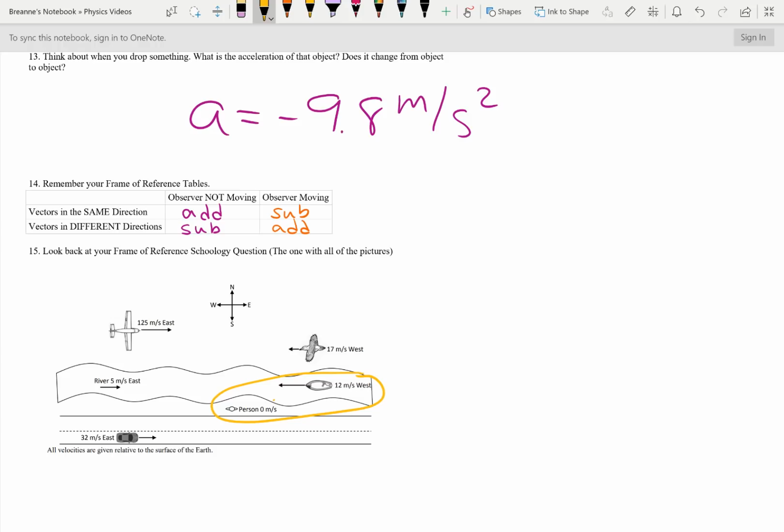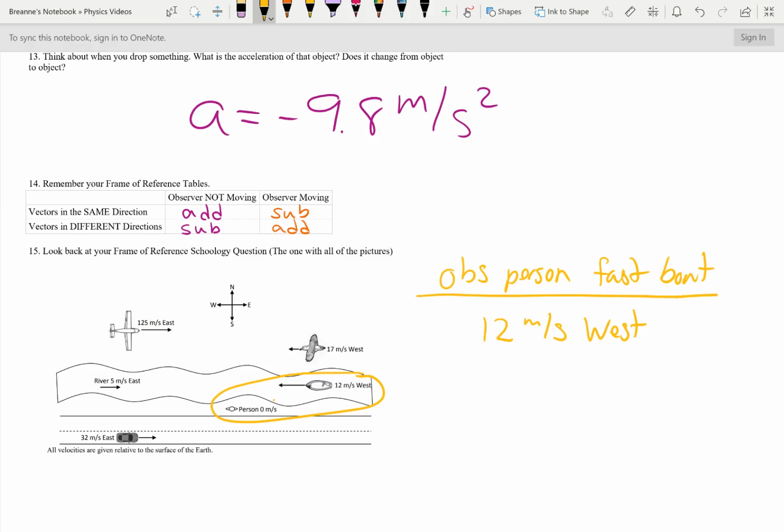From the observation of the person, we're trying to figure out how fast the boat is going. The person's not moving, so we only have one vector. The boat is going 12 meters per second, and the direction stays the same, west.